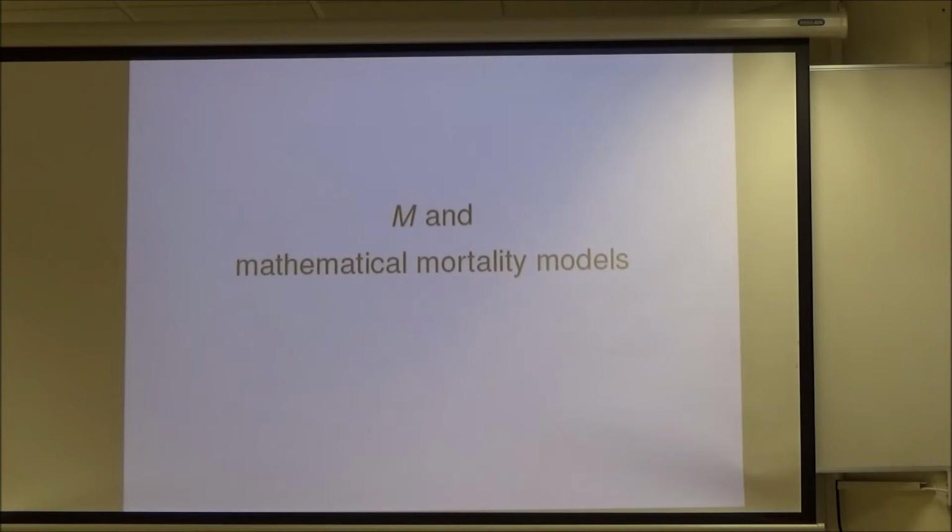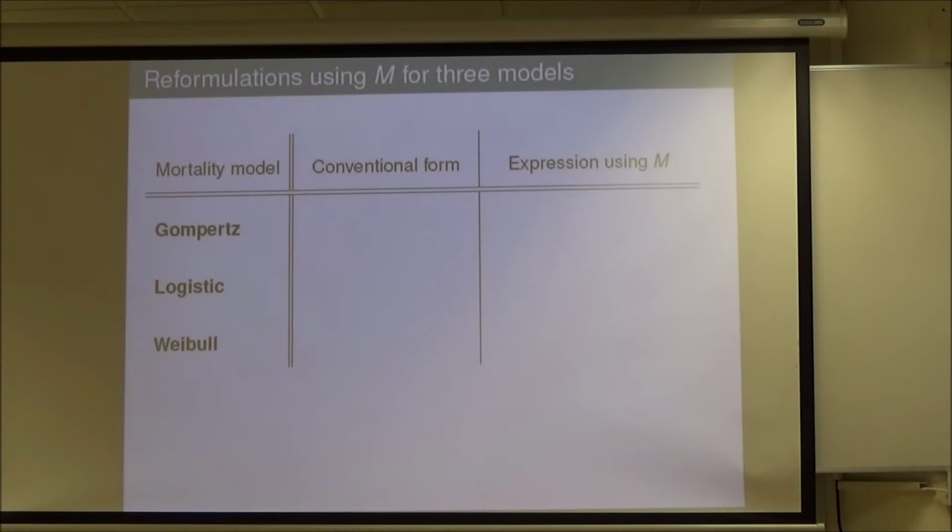Alright, the last few slides are about M and mathematical models of mortality. Conventionally, the force of mortality at age x in the Gompertz, logistic, and Weibull models are expressed as these.